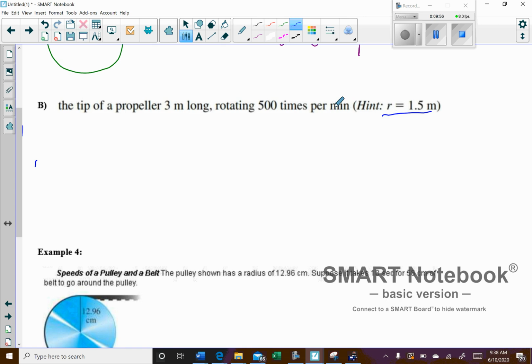Okay, so if we're going to rotate 500 times. So once again, let's see. So we're looking for theta divided by time. And so if we're going to do it 500 times, that means that our angle theta, if it's rotating that many times, let's write this down. So one rotation would be 2 pi. So if you're going to do it 500 times, you got to multiply that by 500. So theta in this case is going to be 1,000 pi, okay?